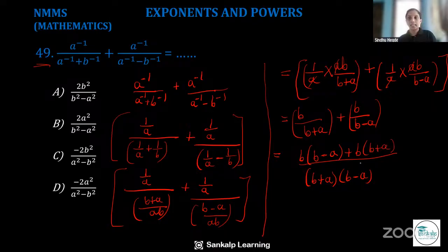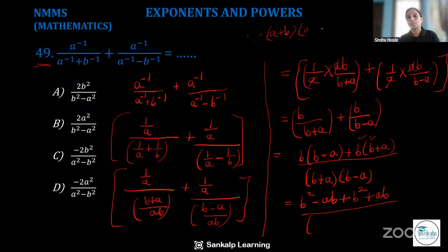Now multiply the numerators: b into b minus a into b becomes b square minus ab, plus second term b into b is b square plus ab. The denominator is in the formula of a plus b into a minus b, which is nothing but a square minus b square.